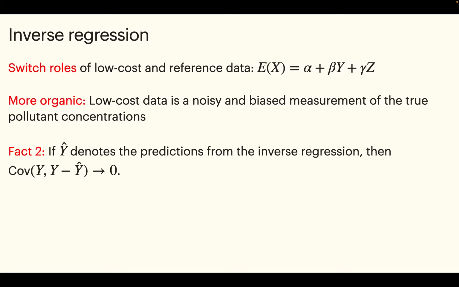One is more of an intuition: it is more organic to have the low-cost data X as a noisy version of the true measurement at that site, because the low-cost data is a biased and noisy version.